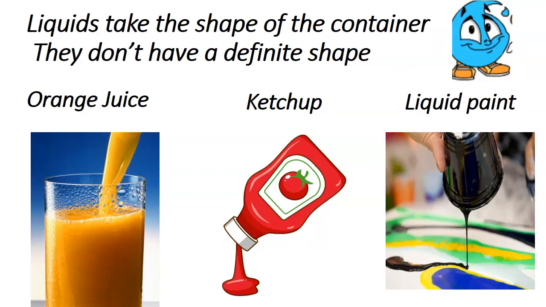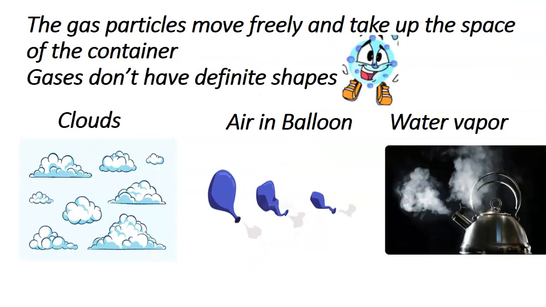However, Mr. Liquid is a bit different. Mr. Liquid takes the shape of the container and does not have a definite shape, like the ketchup, which has a different shape in the bottle from when it's placed on my piece of hamburger. The same is true for liquid paint and orange juice.